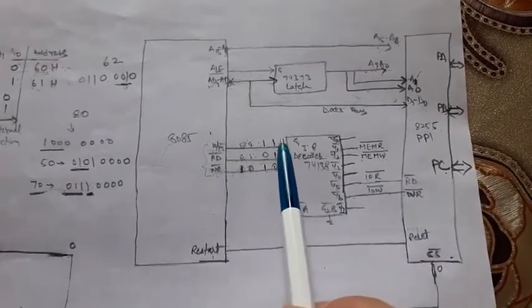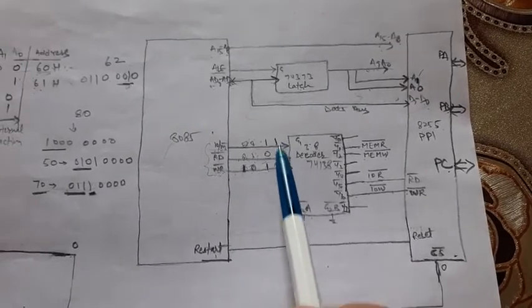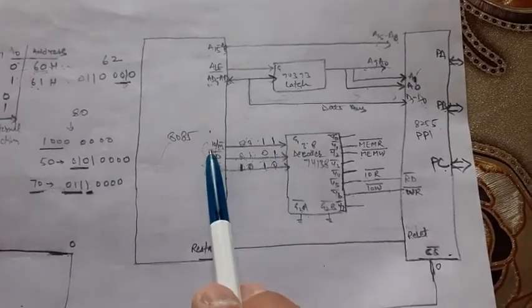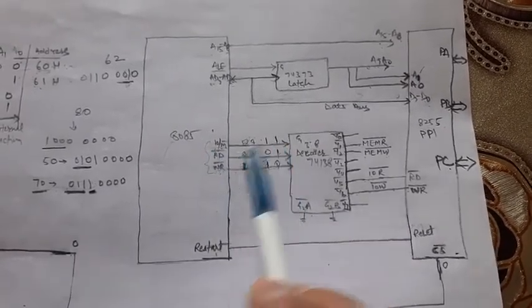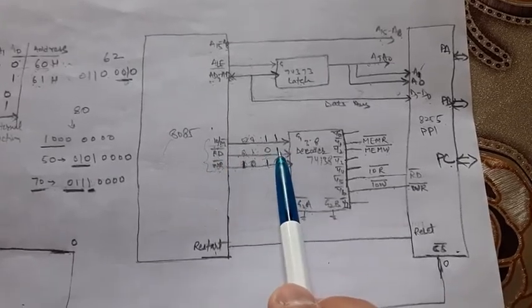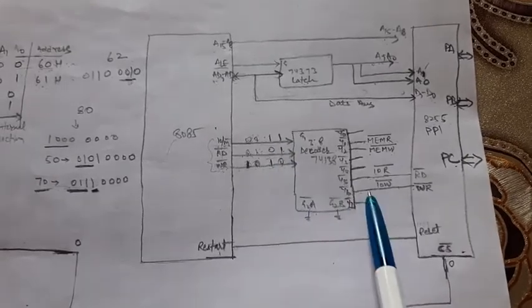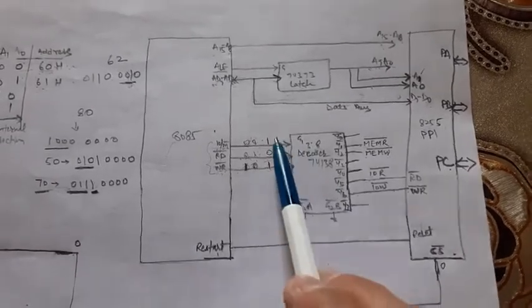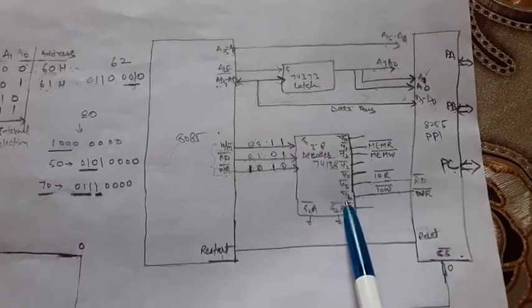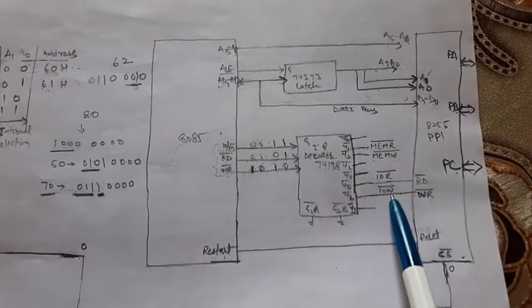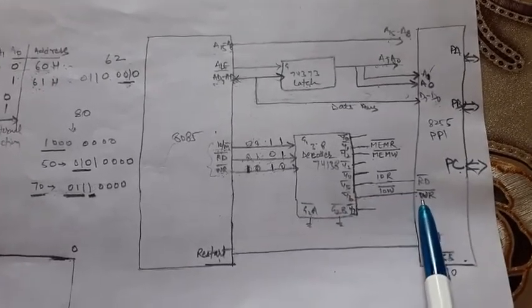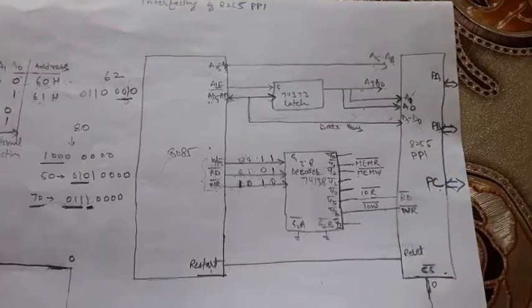When these signals are 1 1 0, IO/M bar is 1 means IO device, read bar is 1 means it is not a read operation, write bar is 0 means it is a write operation. So 110 means IO write, and 110 means Y6. At Y6 we have used IO write, which is connected to the write pin of the 8255.